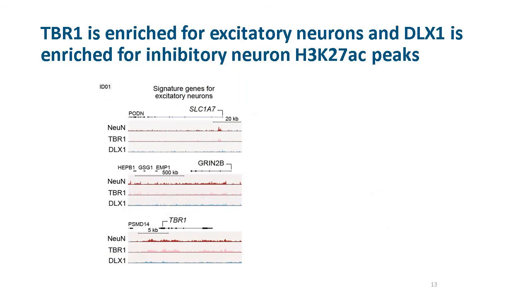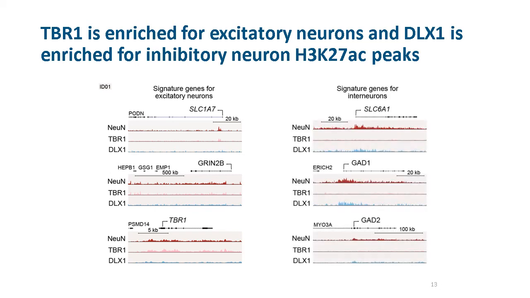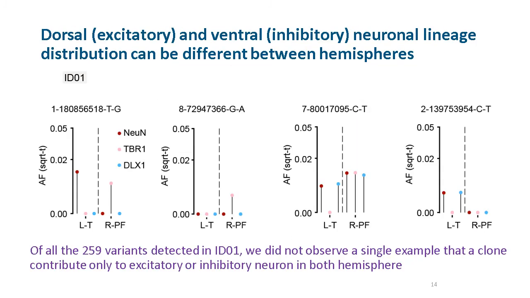We also established protocols to sort out a small population of dorsally derived excitatory neurons and ventrally derived inhibitory neurons. So we see overall high correlations.